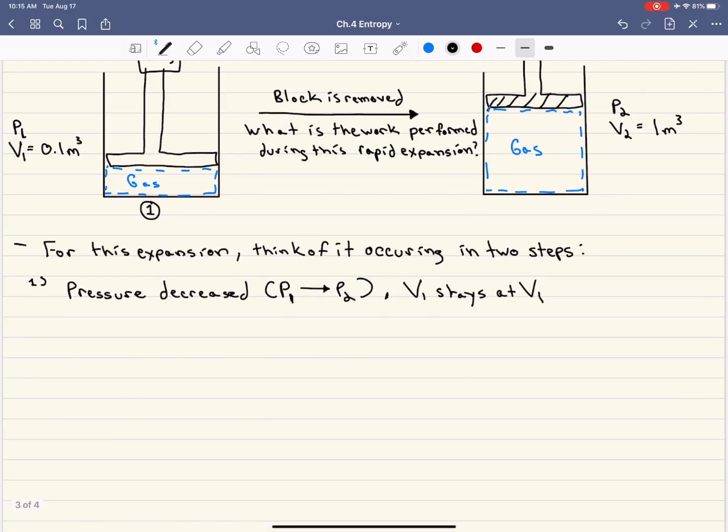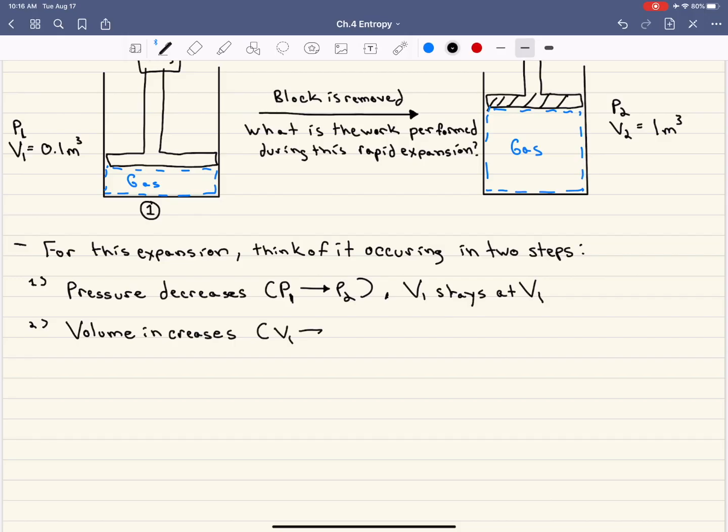And then after that pressure change, the volume increases in the second step. Pressure decreases, and then in the second step, the volume increases.